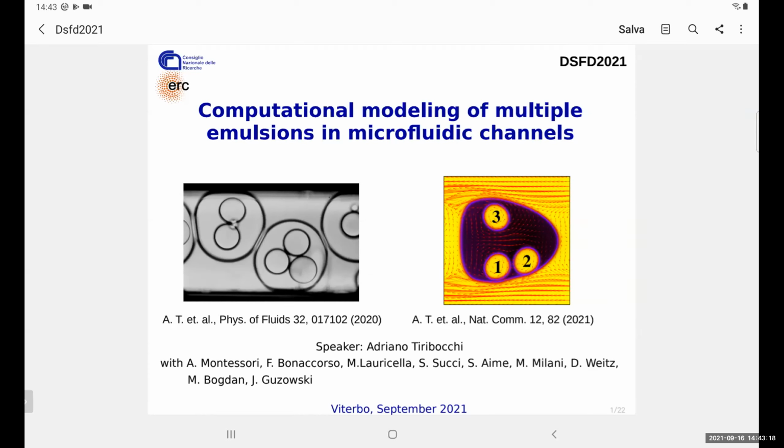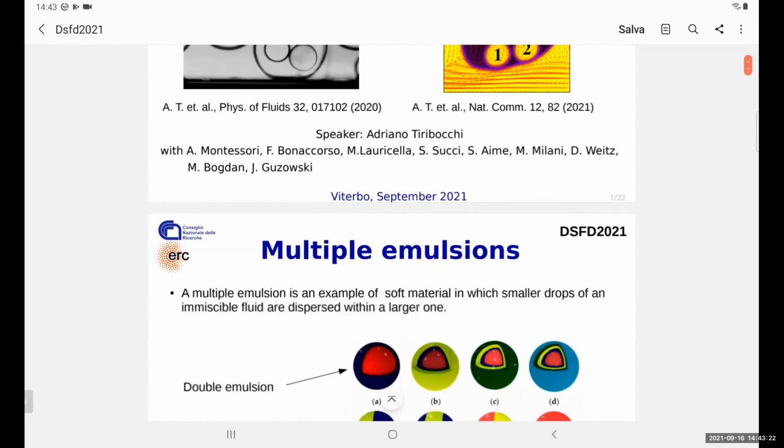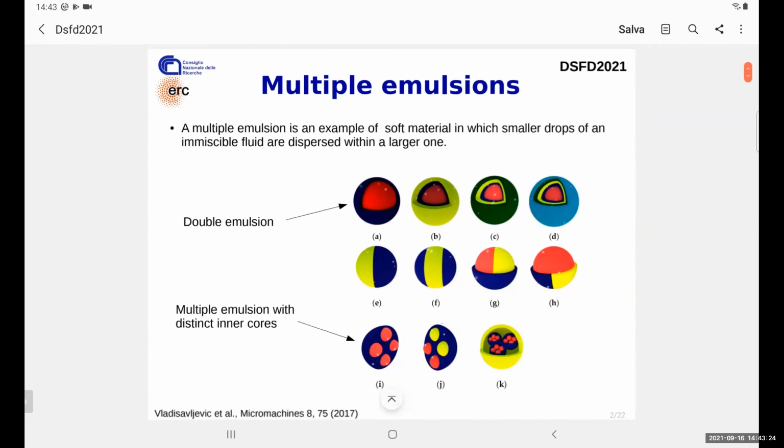So just to fix the idea, what is a multiple emulsion? We can give a broad definition. It's a soft material in which you have smaller drops of immiscible fluids dispersed within a larger drop. There are several possible configurations in which these emulsions can be realized.